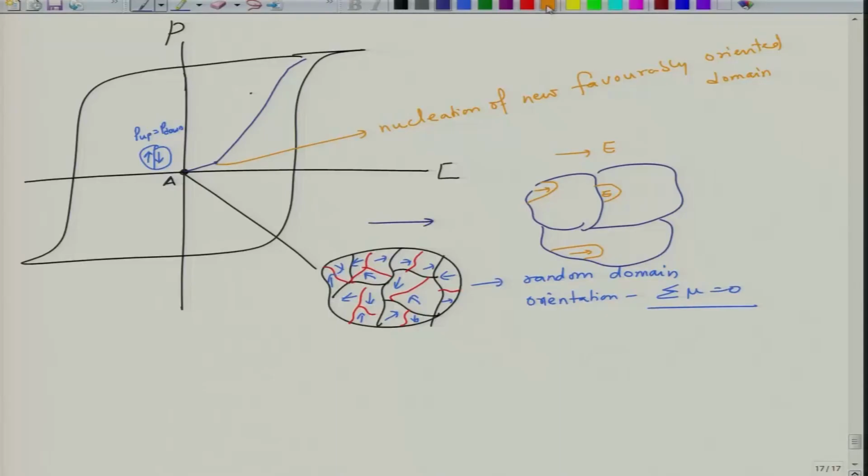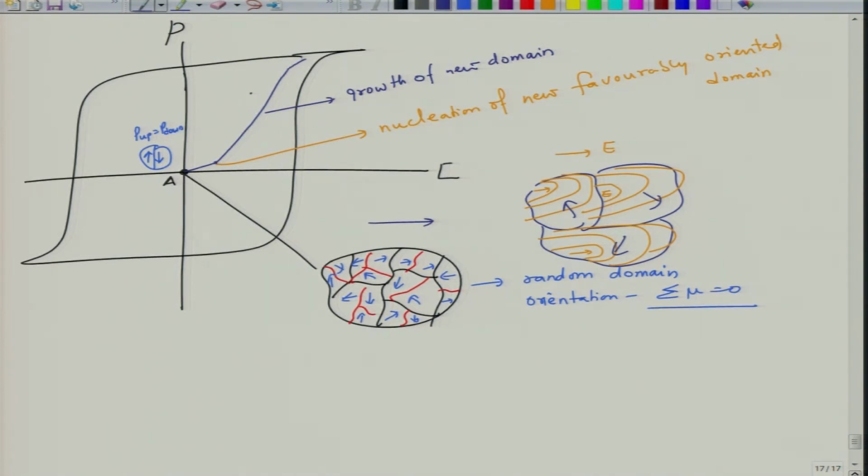So these domains will keep growing as you increase the strength of electric field in this direction, irrespective of the orientation of previous domain. Previous domain could have been like this, but the new domains are all oriented along the electric field. So basically this region is the region in which growth of new domains will consume the old domains, something like Ostwald ripening.